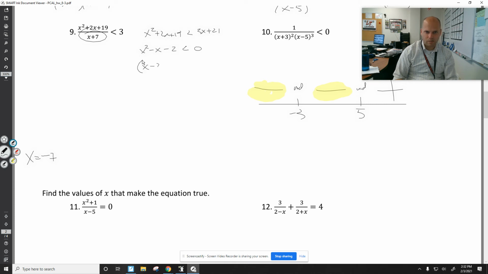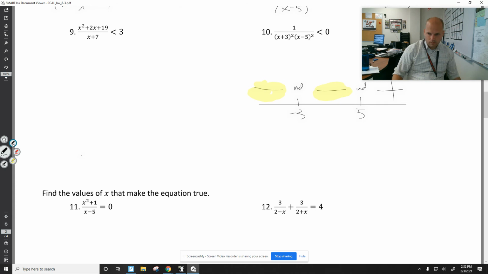You're like, oh, sweet, x minus 2, x plus 1. And you get 2 and negative 1. But then when you go back and try to plug it in, it's not about being positive or negative. It's about being greater than or less than 3. And that is not fun. And it's probably going to take you the same amount of time as it would if you just did the common denominator method.